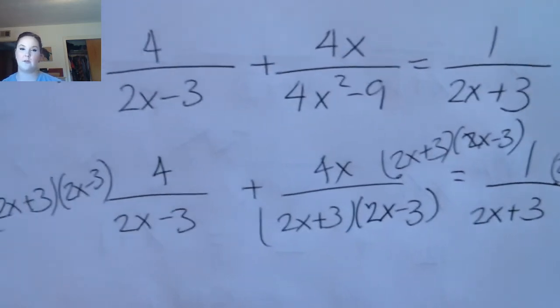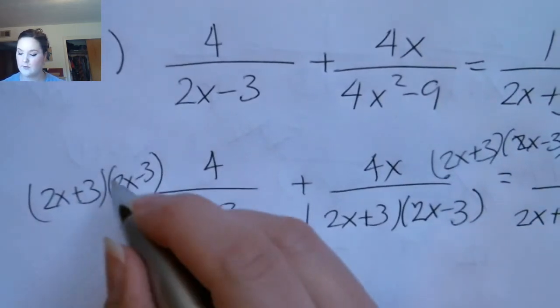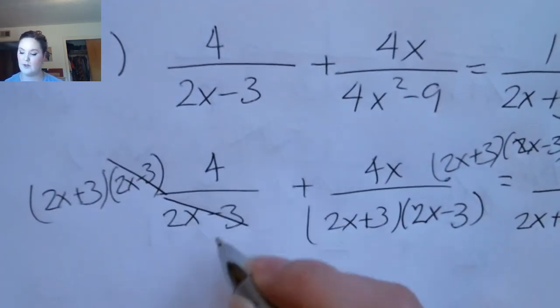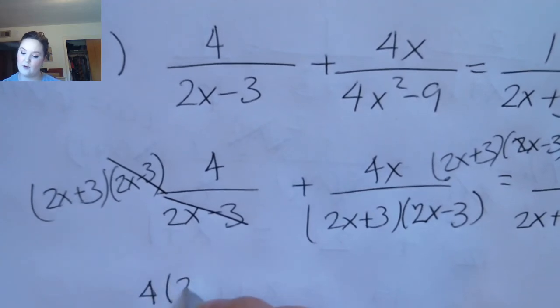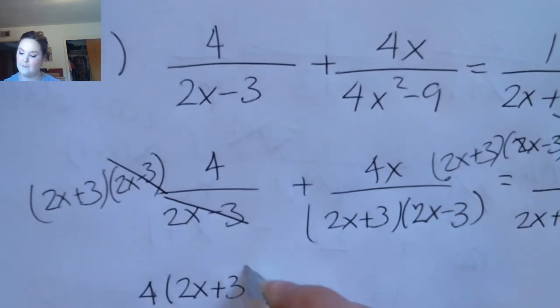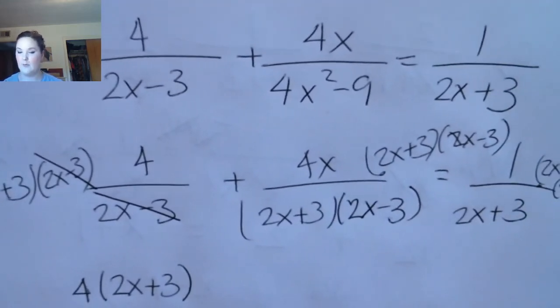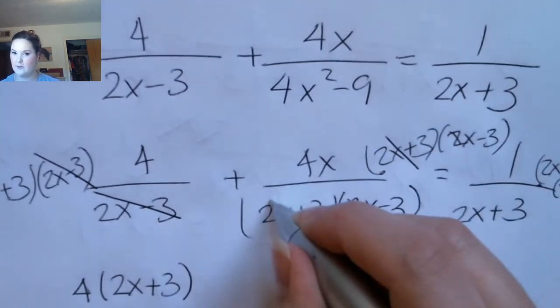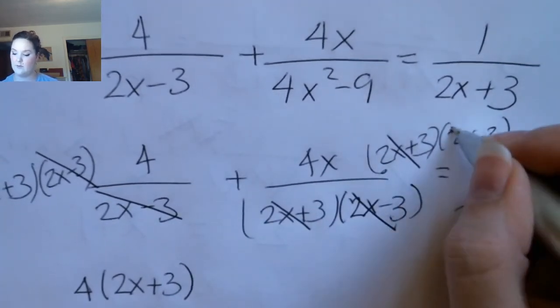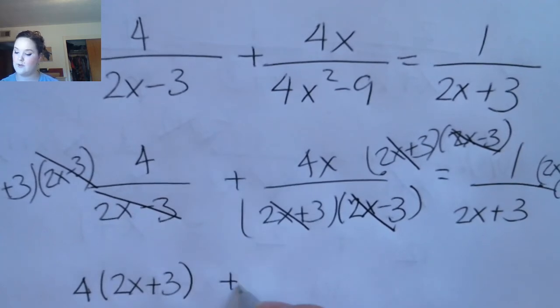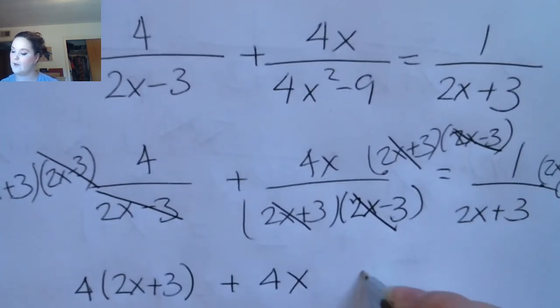Okay, so in the first term, my 2x minus 3 is going to cancel with my 2x minus 3, and I'm going to have 4 times 2x plus 3. Okay, in my second term here, this is going to cancel with this, and this is going to cancel with this. So I'm just going to have 4x.